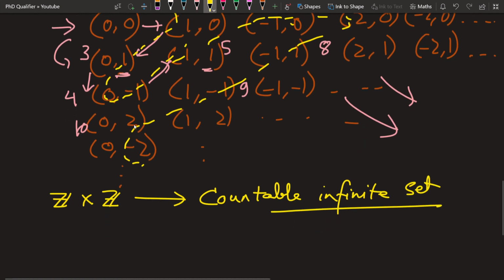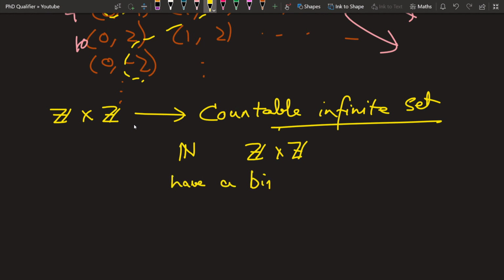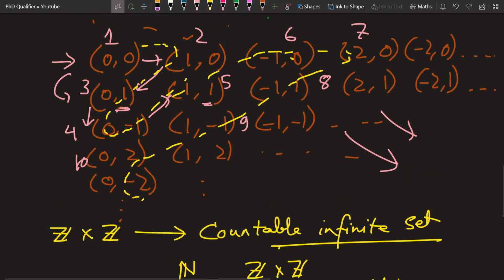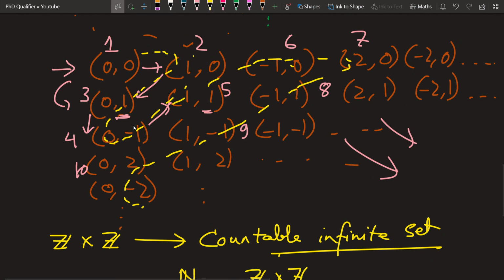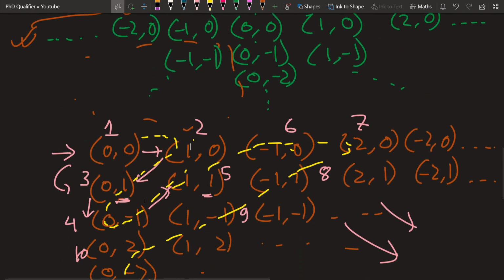And since it's a countable infinite set, the natural numbers and this Z cross Z set have a bijective mapping. We talked about what a bijective mapping is just a little bit earlier. They have a bijective mapping because they are countable. I am literally assigning natural numbers to these points, so they are countably infinite.